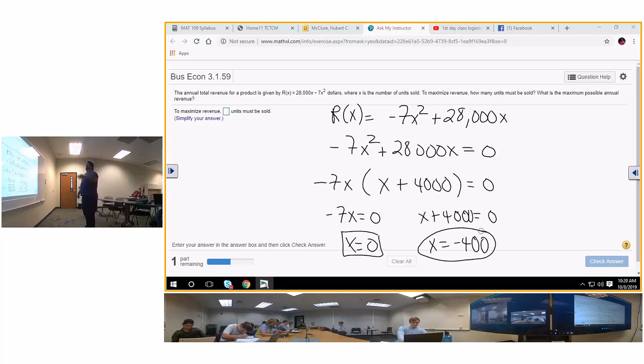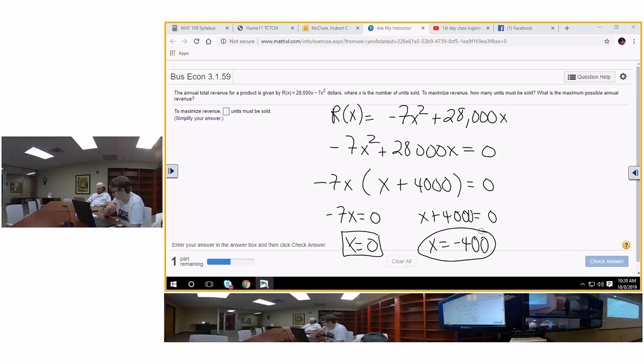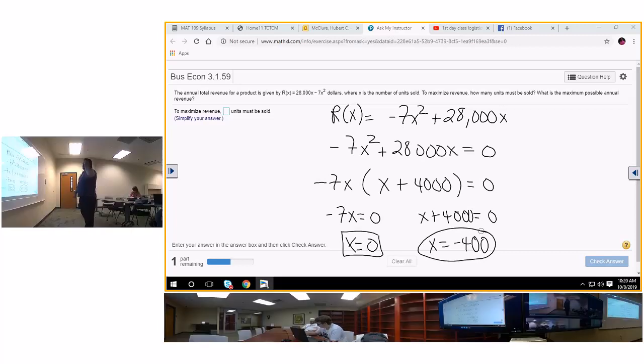Now, they want to know the vertex. In this case, you're going to have to use completing the square. Yeah, that would be the best. So let's go ahead and do it.